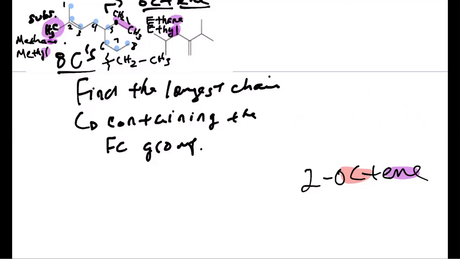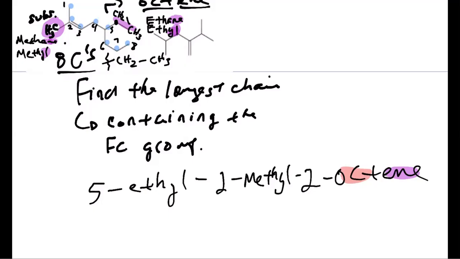But you list them in alphabetical order, regardless of the number in front of them. So this is going to be what? 5-ethyl, is that right? Because E comes before M, right, in the alphabet. Yes. And then what, 2-methyl? 5-ethyl, 2-methyl, 2-octene.